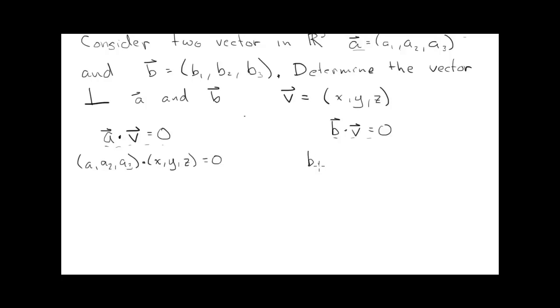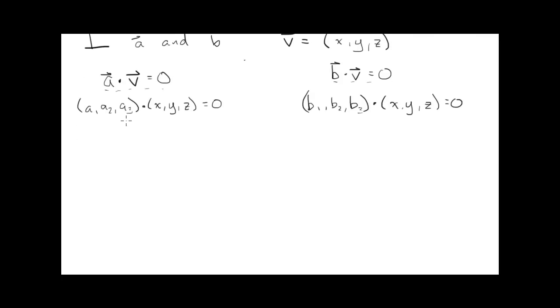And then the same for B. B1, B2, B3 dot X, Y, Z. That should be equal to 0. So now let's actually do the dot product. That'd be A1X plus A2Y plus A3Z equals 0.